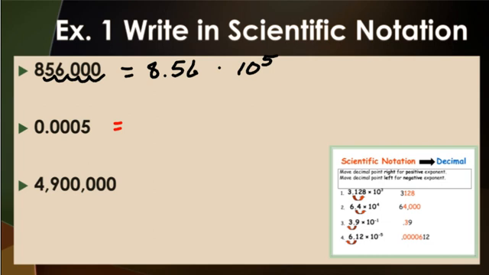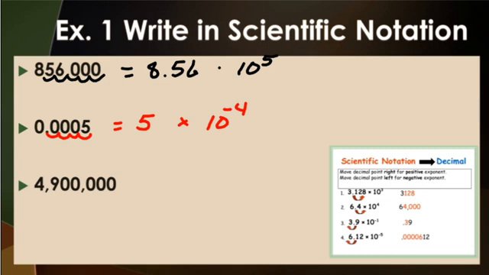Our next one, our standard form is less than 1, so I know I'm going to have a negative exponent. So let's move this decimal point 1, 2, 3, 4. We moved it to the right, so I have a decimal that's bigger than 1 but less than 9. So this would be 5 times 10, and I moved it 1, 2, 3, 4, so it would be a negative 4.